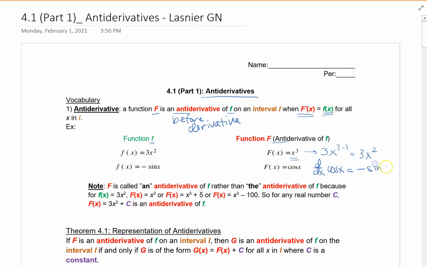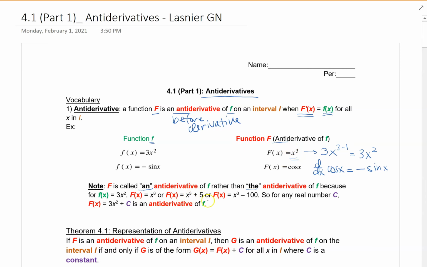Now, I want you to notice here that we're saying F is called an antiderivative of f rather than the antiderivative of f, because when you take the derivative of a constant, you get 0. So I could have had the function x cubed plus 5 earlier, right?